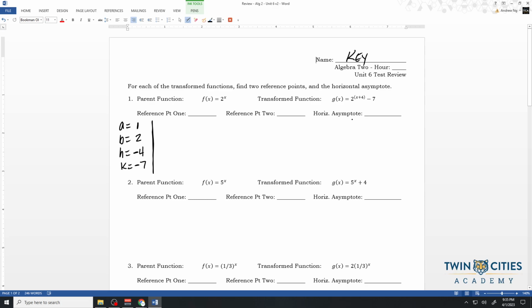For the first reference point, so let's put down reference point 1. This is h, comma, a plus k. So that'll be h is negative 4, comma, a plus k is 1 plus negative 7.